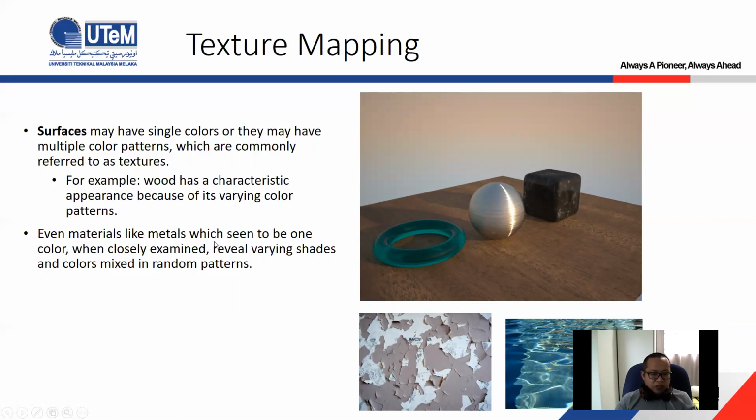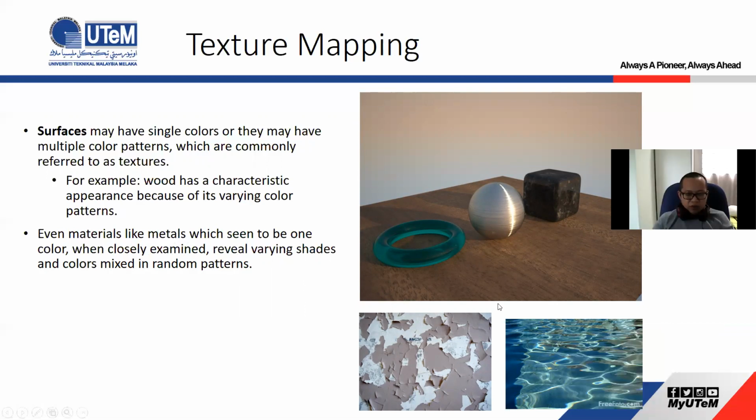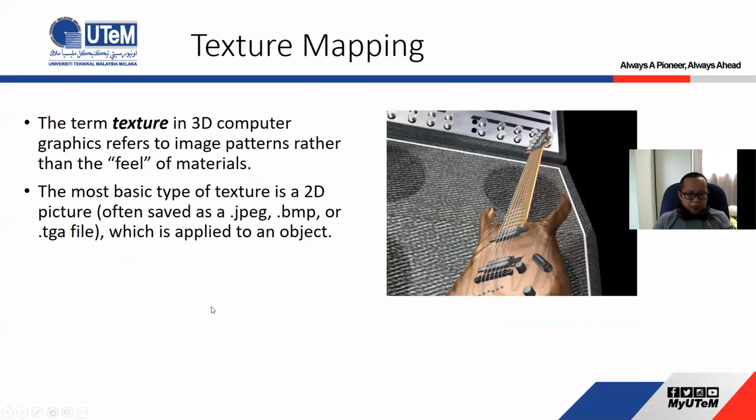Materials like metal, which seem to be one color, when closely examined reveal varying shades and color mixes in a random pattern. You can see this is a kind of rendering. This is a texture rendering. The feeling of this object will be different, right? When we put this one as a metal, it seems like a rendering material.